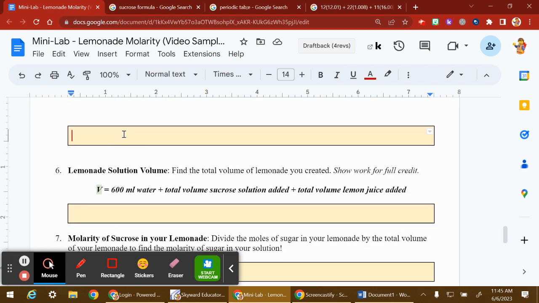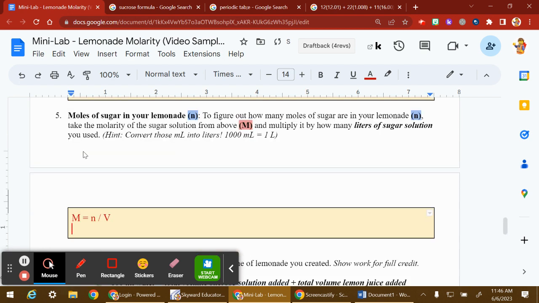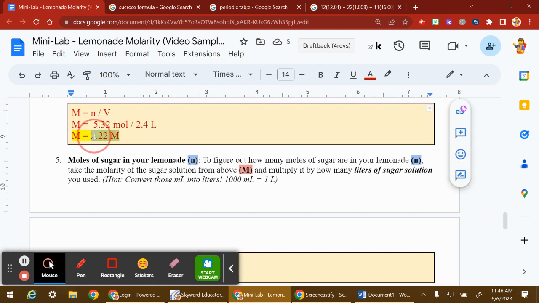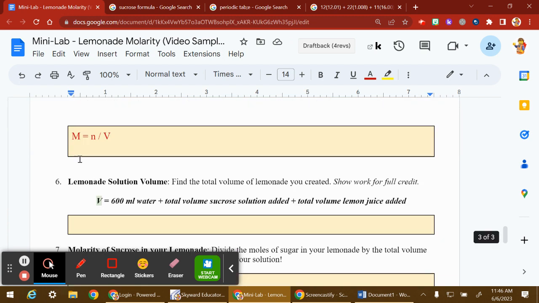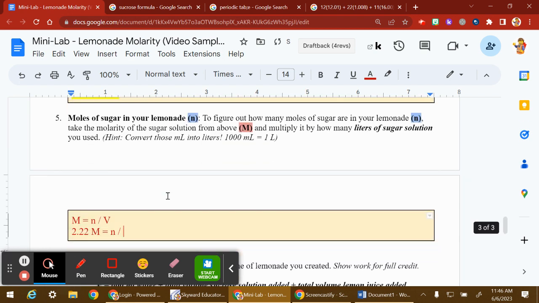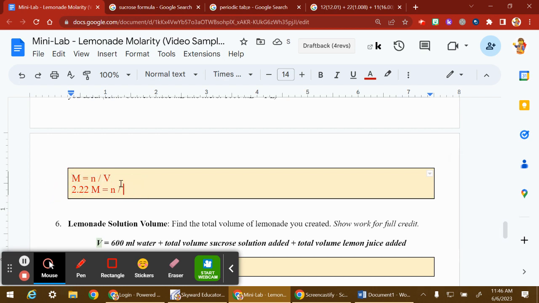Well, molarity is equal to number of moles divided by the volume. Now, the molarity of the sugar solution that I used was 2.22 molar. That's equal to the number of moles that I had of sugar, which I've got to figure out, divided by the volume of sugar solution that I used.